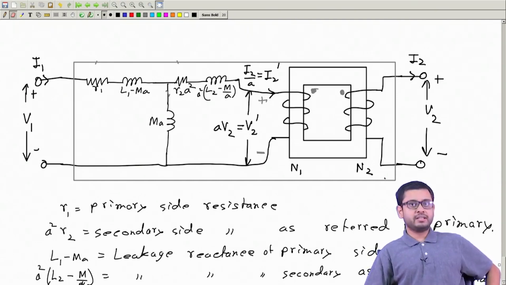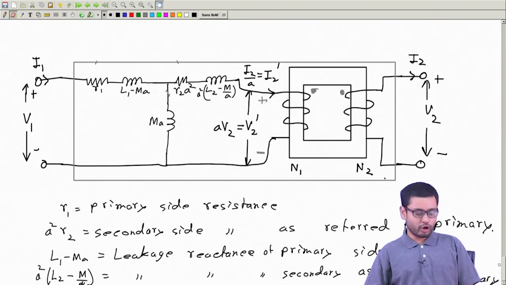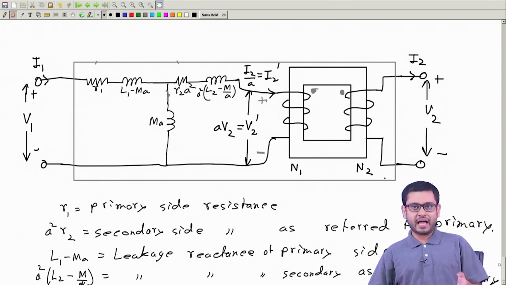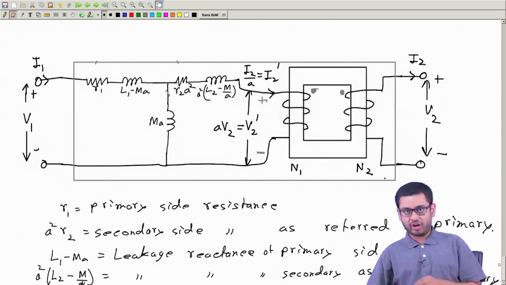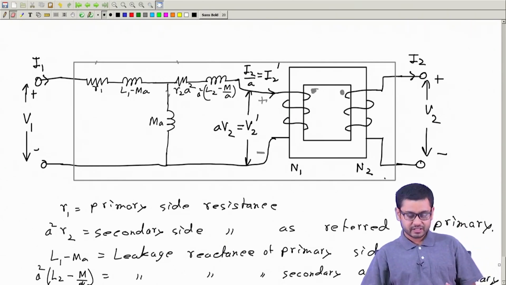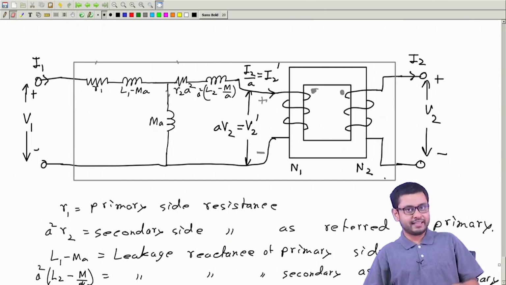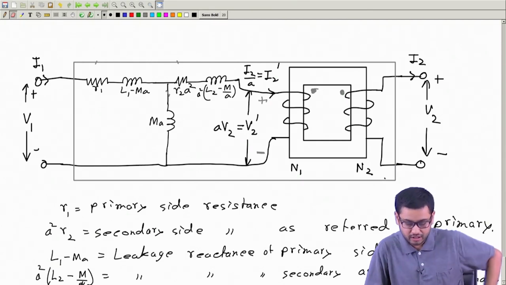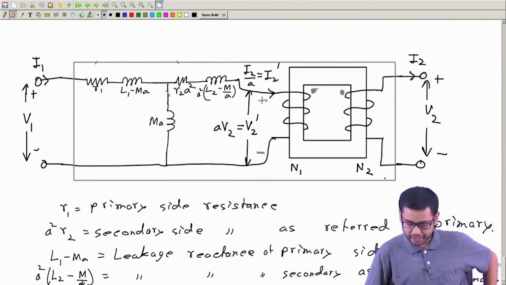It was a complete, in a sense, I don't know how complete it is, a recap of all the background knowledge one needs about magnetic circuit and transformer equivalent circuit, which will be helpful in understanding CT-PT instrument transformer in more detail.